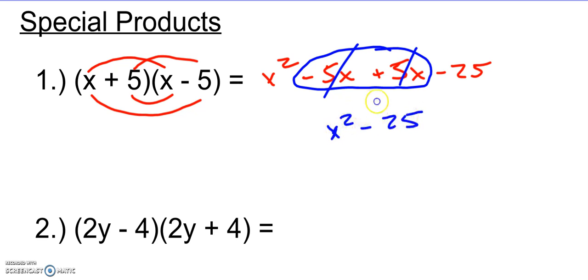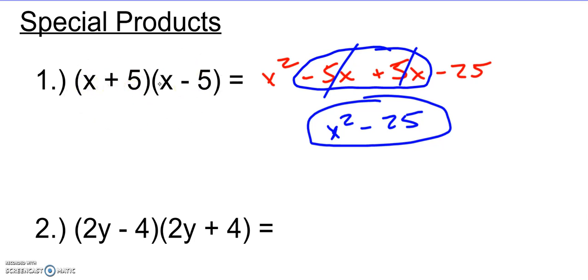And this is actually something we call the difference of two squares, and it's going to be an important thing that we can pick out in a section that we'll be talking about in the near future. So what's the shortcut? Well, if you notice what we started with, we had the same exact thing, except the only difference between these two was one was a plus and one was a minus.